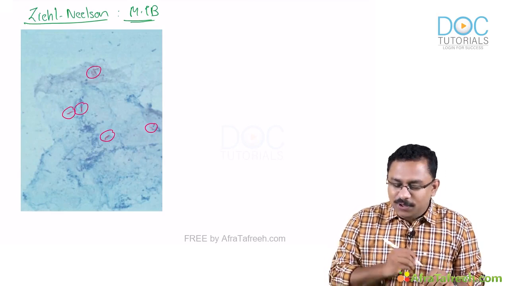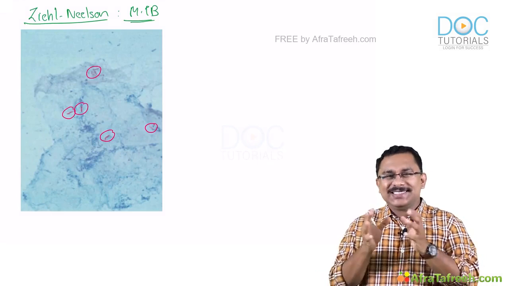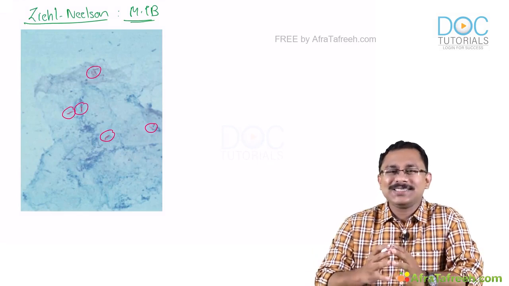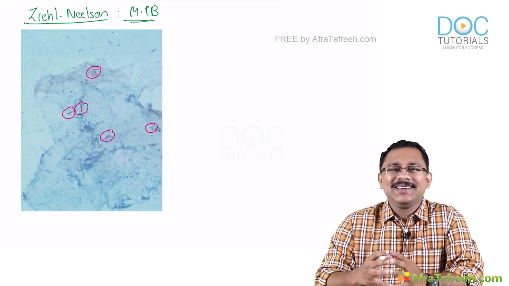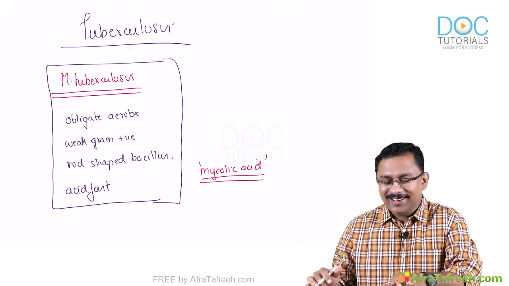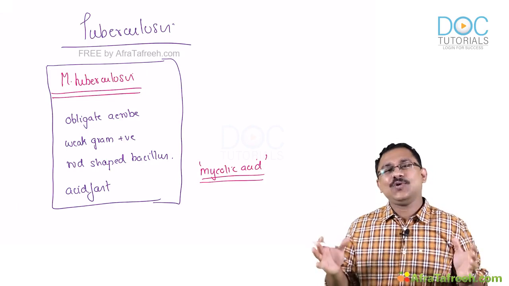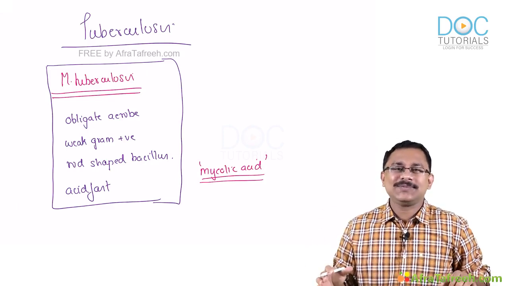Are you able to appreciate? So these tiny bacilli, the Mycobacterium tuberculosis, are causing such an impact in the health scenario. All right, having met our organism, let's go and explore the disease.